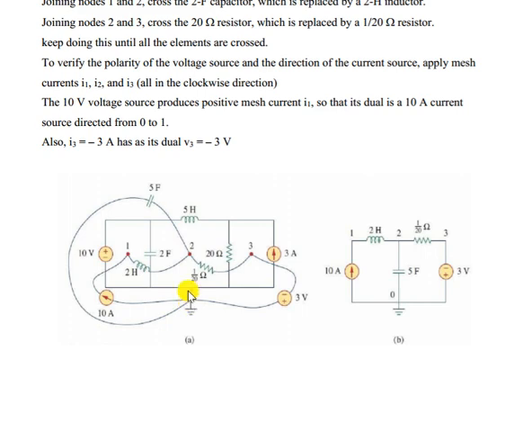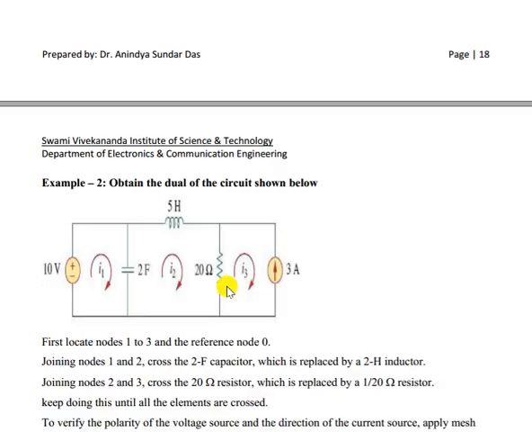Now what happened to this? This is basically now between 2 and 0, as a capacitor, because this one is a sidewise connection, so there is no problem. But this is not connected here, it is connected between 2 and 0.